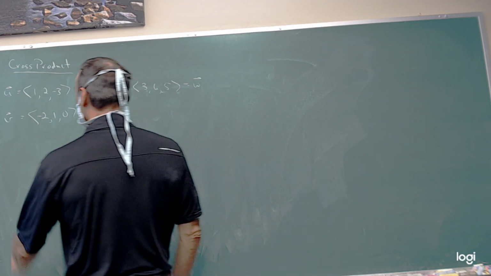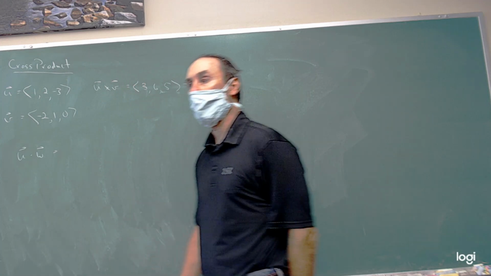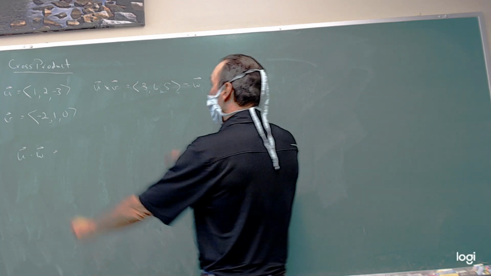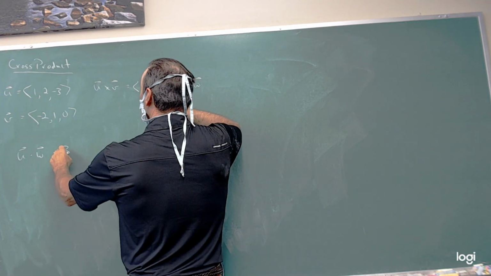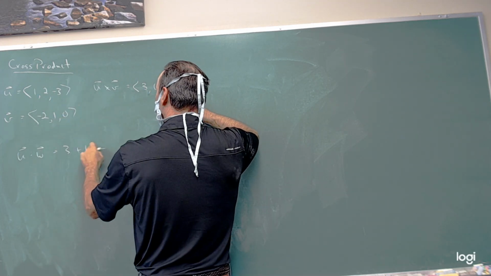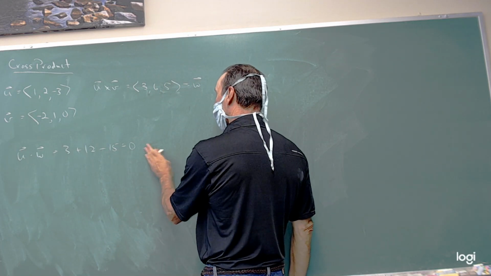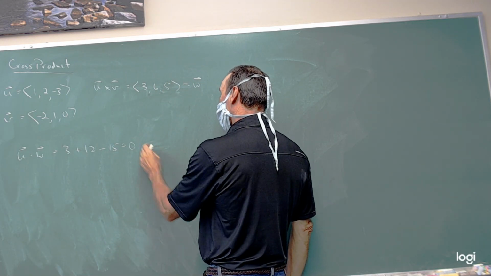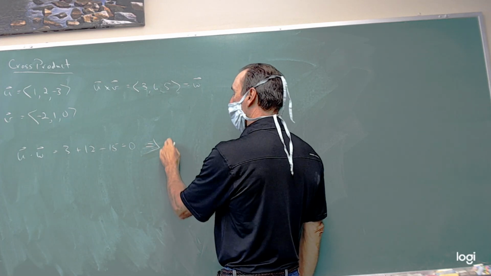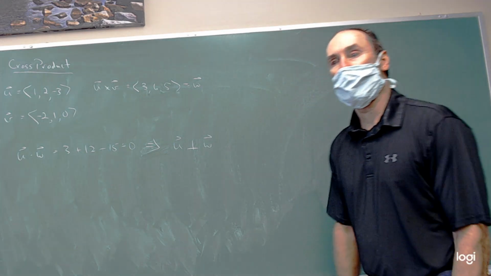Then u dotted with w is going to be 3 plus 12 minus 15, which is 0. Because the dot product is 0, that means that u and w are perpendicular.